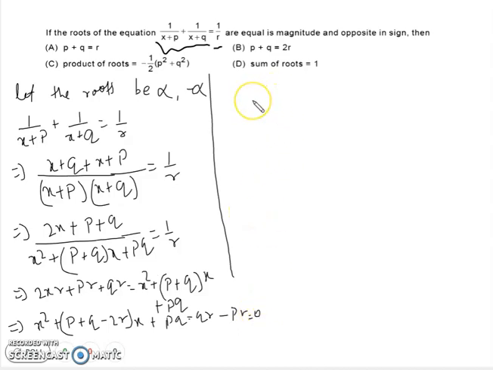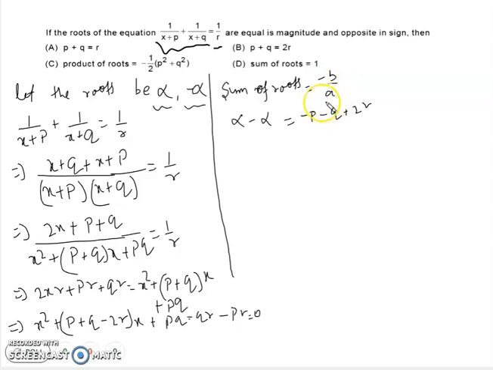So first, according to the properties of the roots, the sum of roots is equal to minus b by a, right? So what will be the roots? We suppose alpha and minus alpha, so we can write the sum of roots minus alpha plus alpha, and then minus b, and minus b is equal to minus p minus q plus 2r.